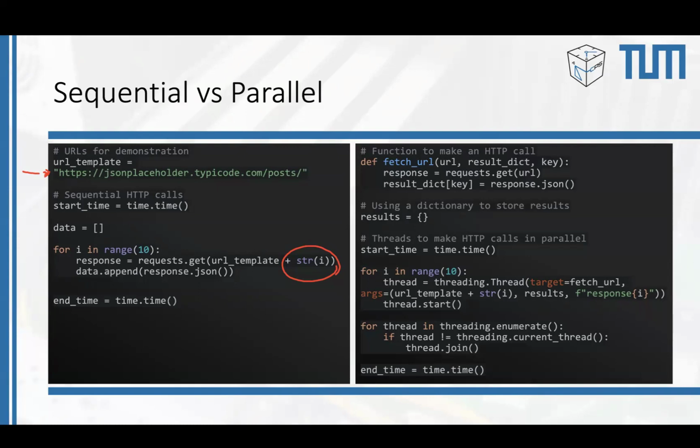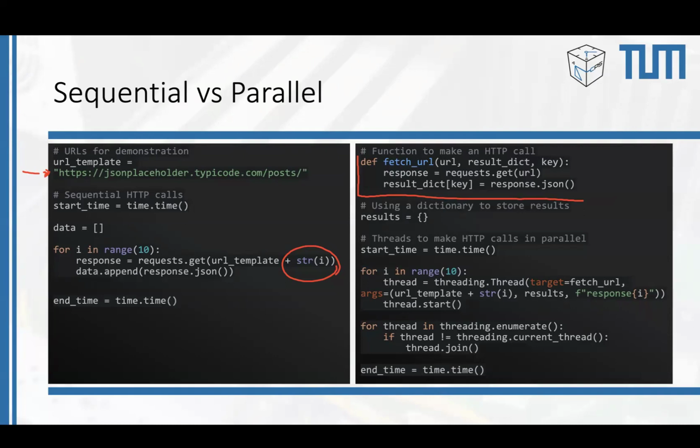And to use threads, we first define a function, which is the code that we want to parallelize. The function gets the URL that it should call. It gets a result dictionary, a shared variable that will be updated by the function, adding the results it got, and a key that it should use to update this dictionary.